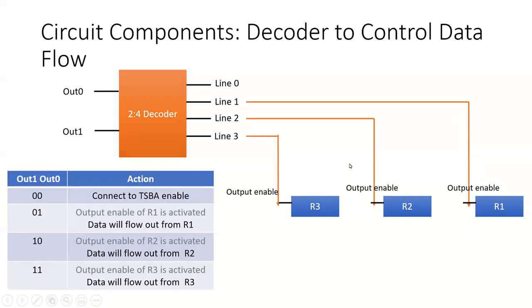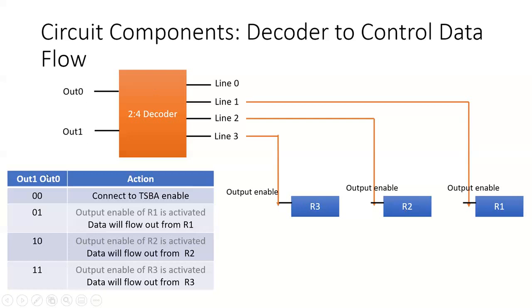And now what will happen in action is that if your input to the 2:4 decoder is 0, 1, which is 1, it will only enable the output of register 1, and the data will flow out from register 1, right? So if you want to make data flow from a particular register, you have to give that number to the out 0, out 1, right?